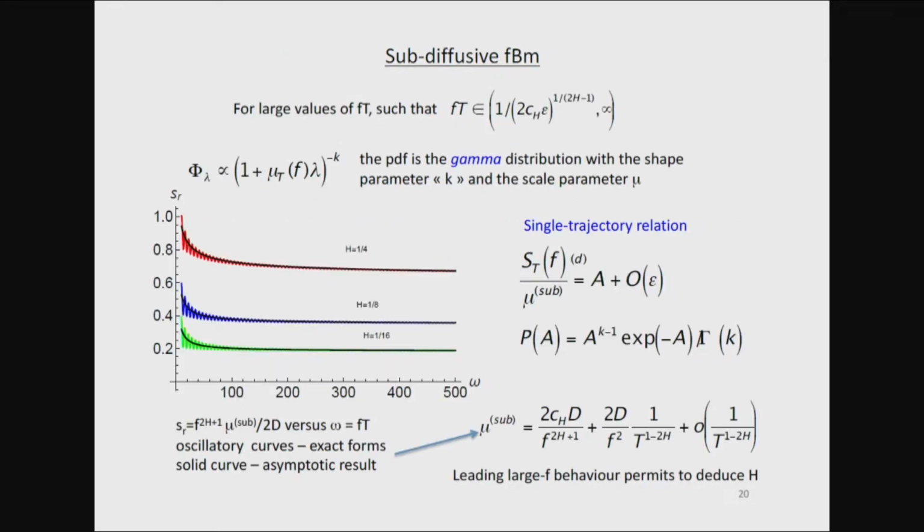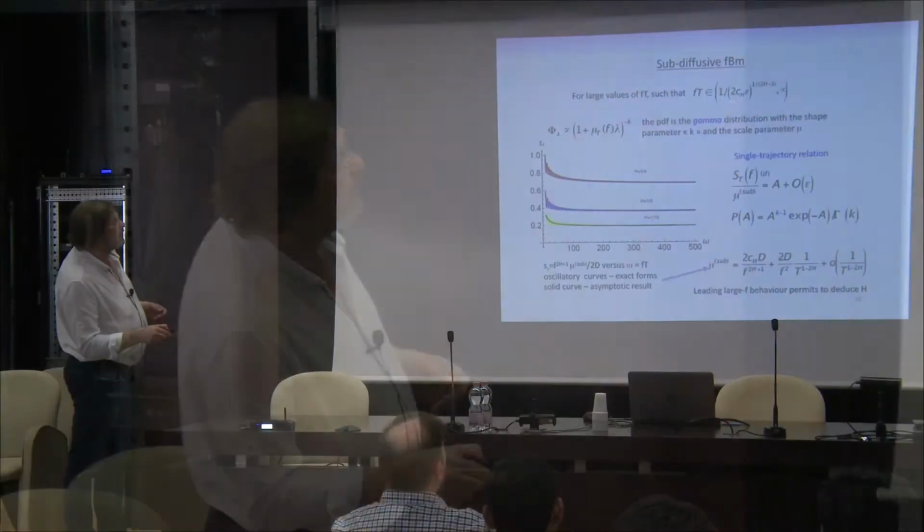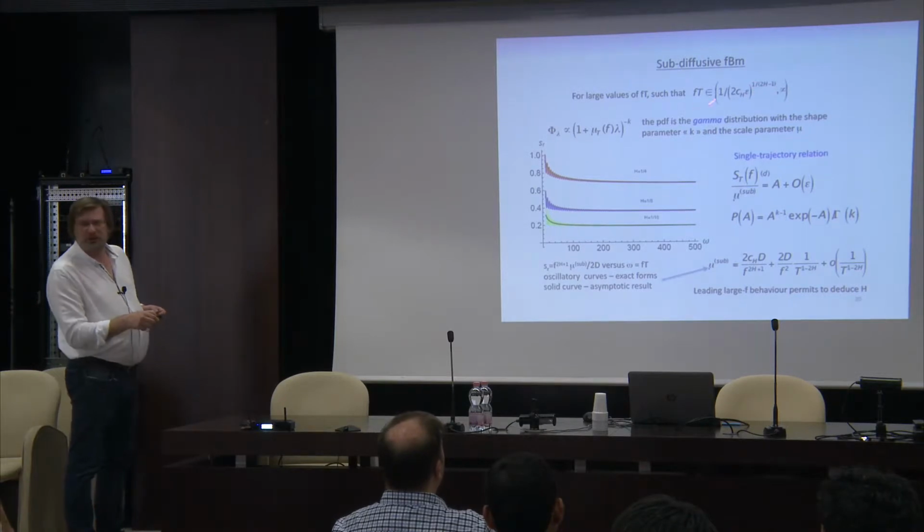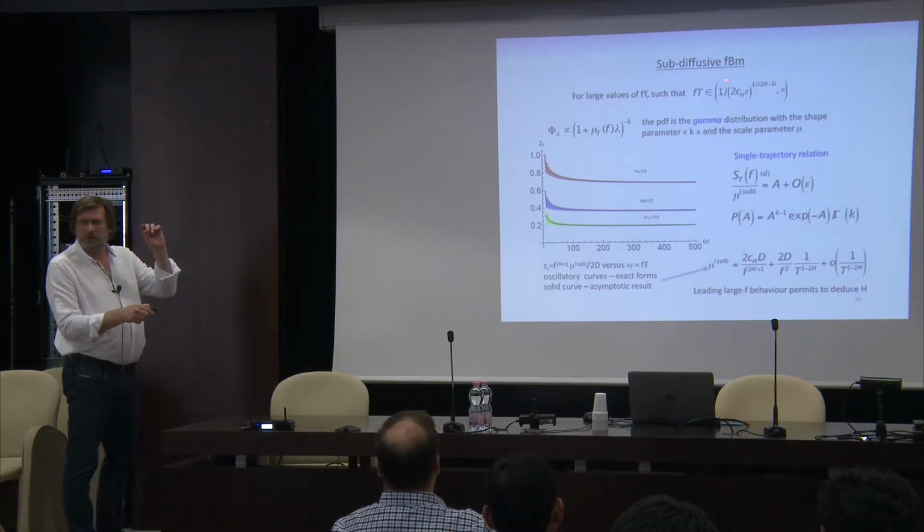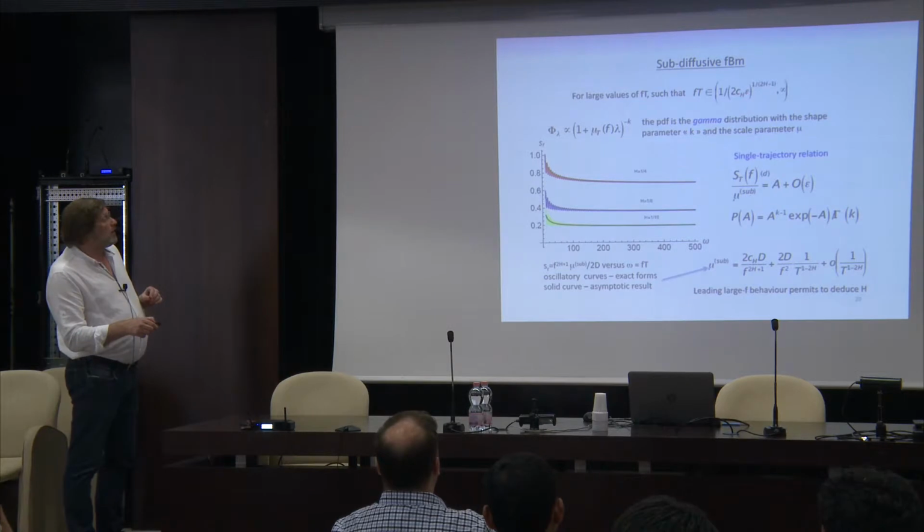Now let me separately consider the subdiffusive case and the superdiffusive case. To ensure that gamma saturates at some constant value and does not bring us any additional frequency dependence, we have to take values of ft bigger than a certain epsilon. This is again this argument about epsilon accuracy up to infinity.